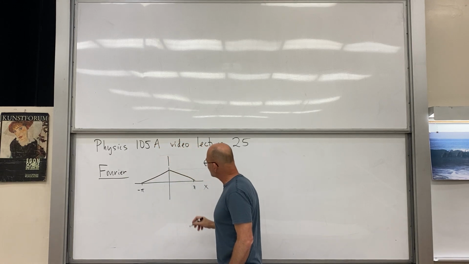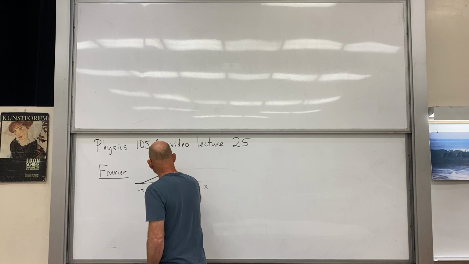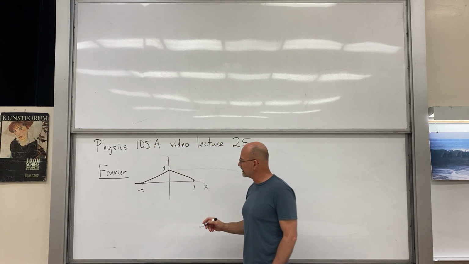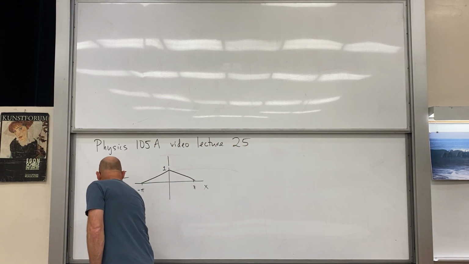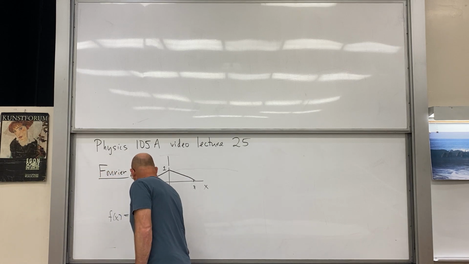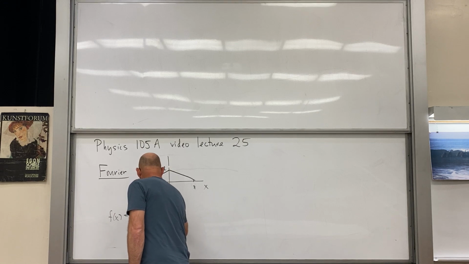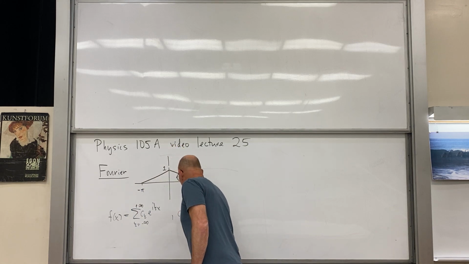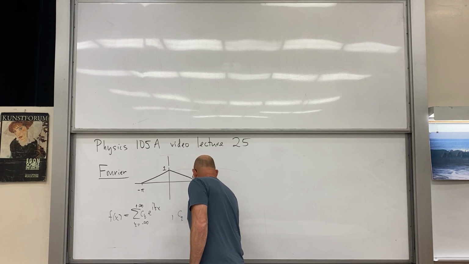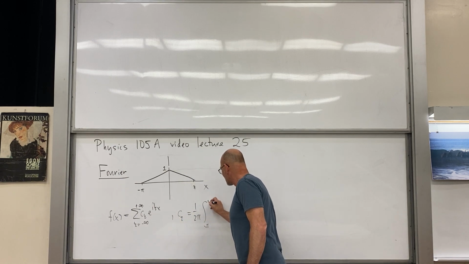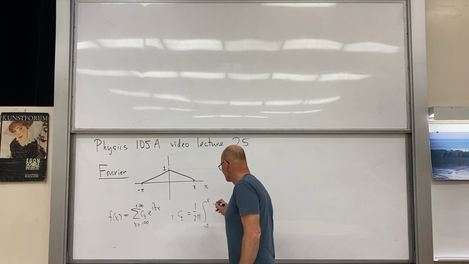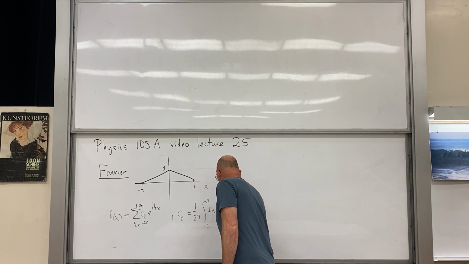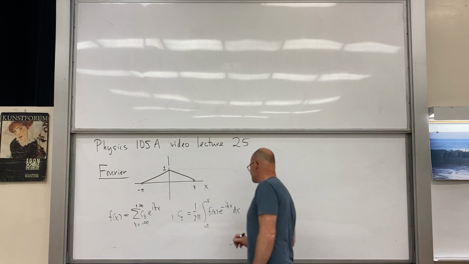So we want to expand this function here in a Fourier series, and we know it can be done with the form of f of x being the sum of c sub k e to the I kx, over all integers, and these c sub k's are 1 over 2 pi, integral from minus pi to pi, of f of x e to the minus I kx dx.